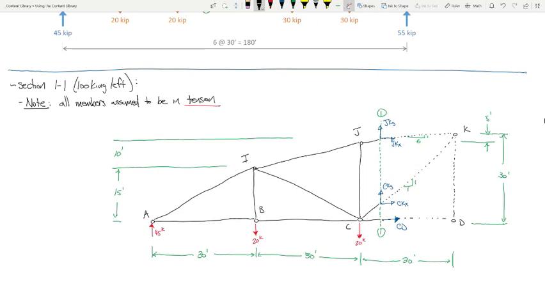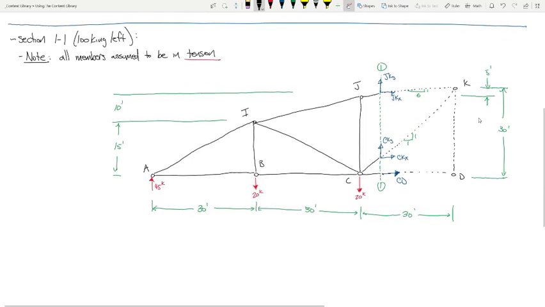I propose that there are 3 potential locations.